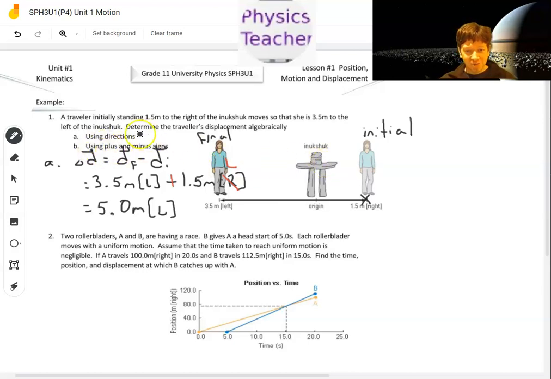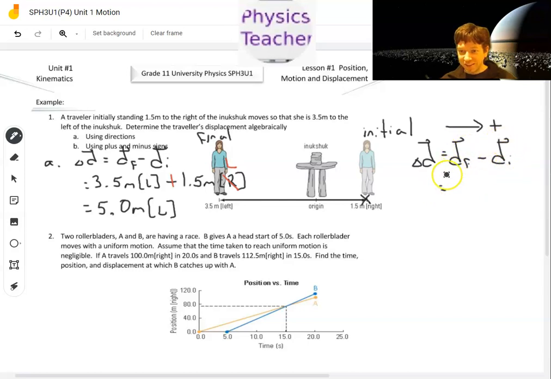Now, what does it mean by using plus or minus signs? Didn't we just use plus or minus signs? Well, no. This is sort of just an easier way, a lot less messy. So what we do is we say, okay, right is positive. So we sort of show what direction we're going to use as positive, and then we go displacement, same equation, is final minus initial.